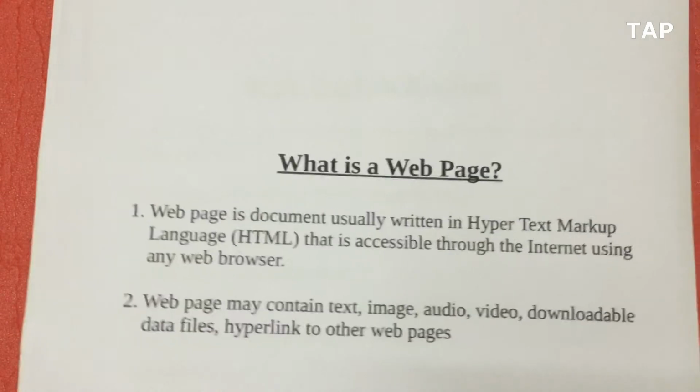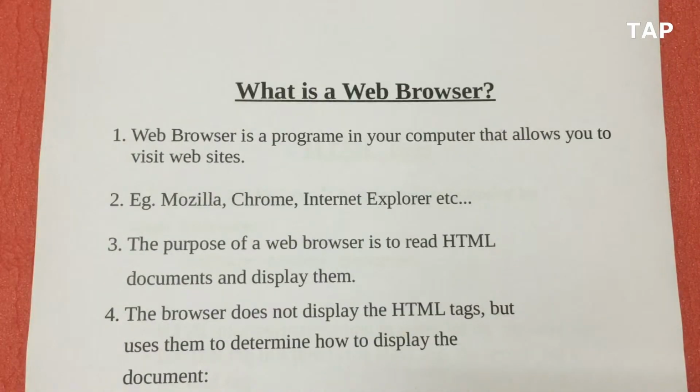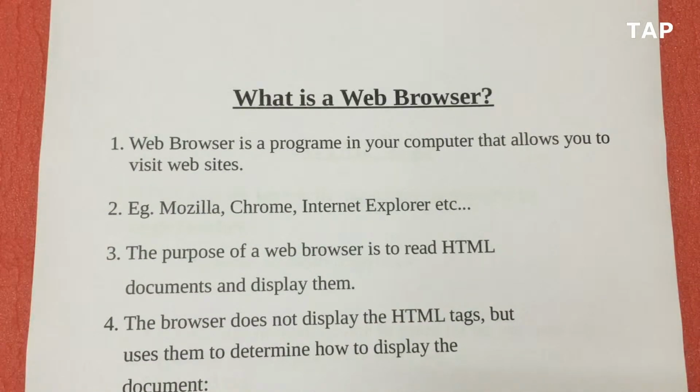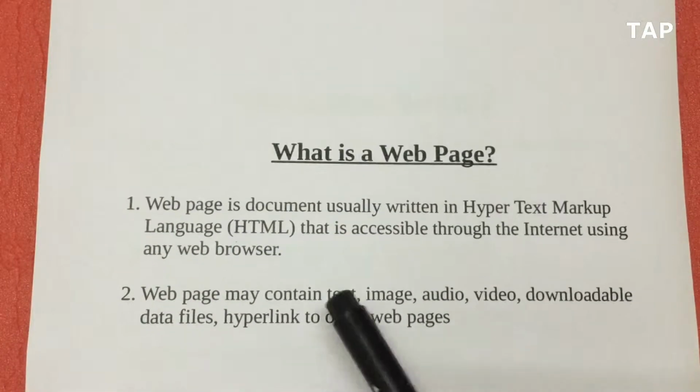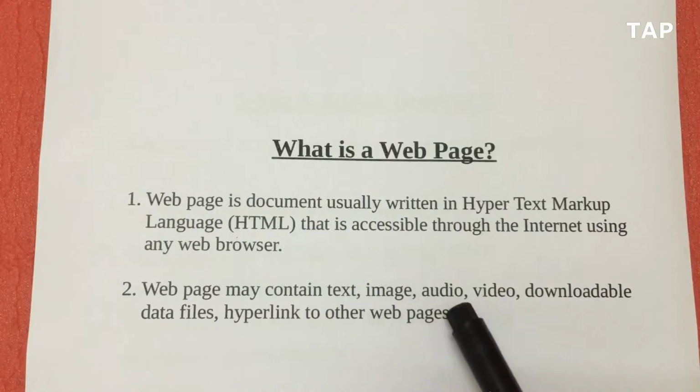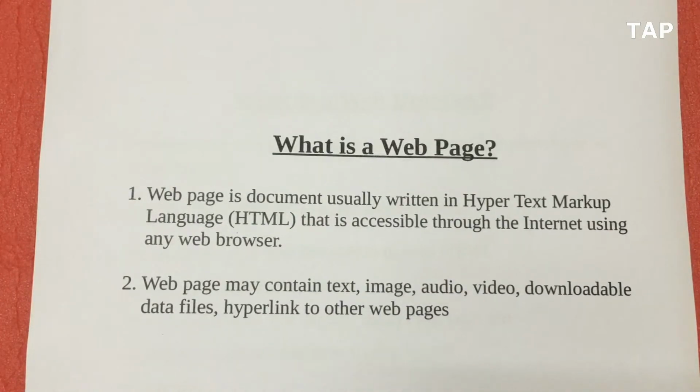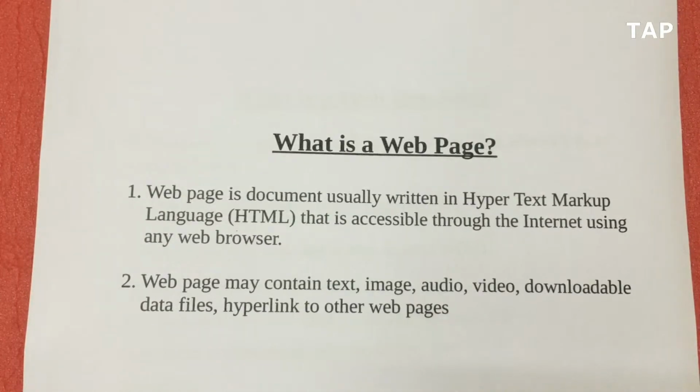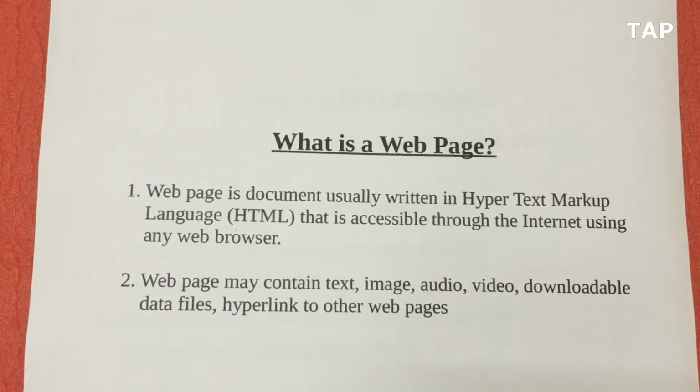Okay, so your web page can contain text, image, audio, video, or maybe a link where you will click, then you can go to another page. You have seen this in Flipkart or Snapdeal, anywhere, right? Whenever you click on any product, say you want to buy a speaker, you click on the speaker, then it takes you to another page.